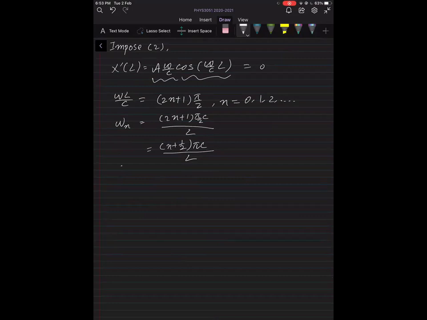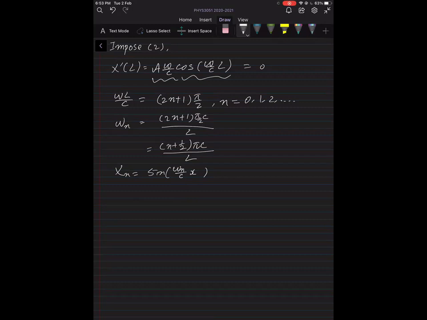And the corresponding eigenfunction is sine omega n over c x.